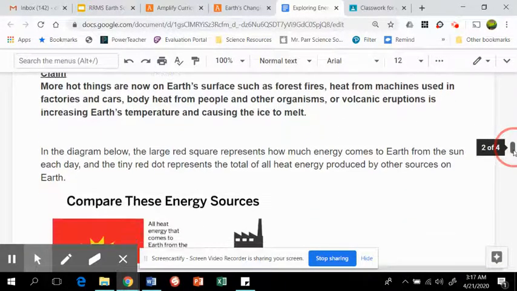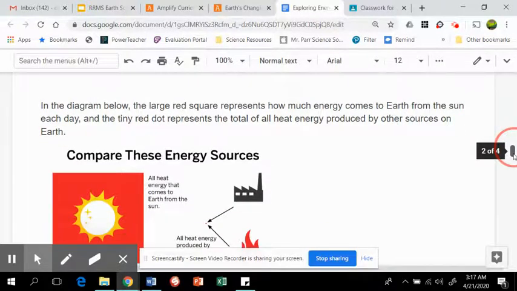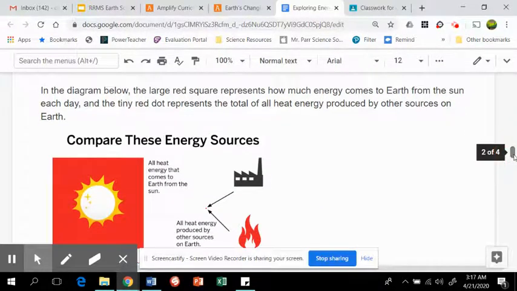In the diagram below, the large red square represents how much energy comes to Earth from the sun each day. So this is energy from the sun. And the tiny red dot, this one right here, represents the total of all heat energy produced by other sources on Earth.